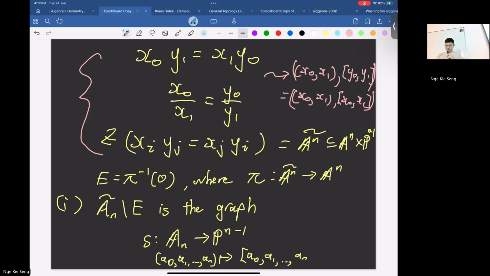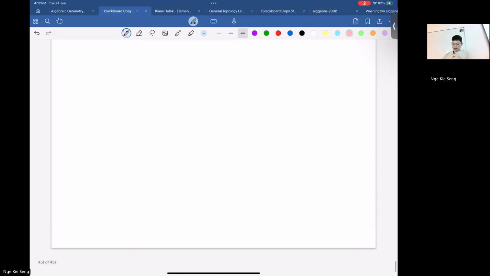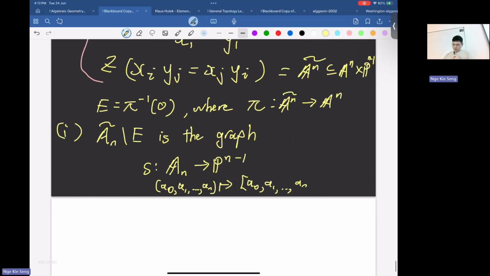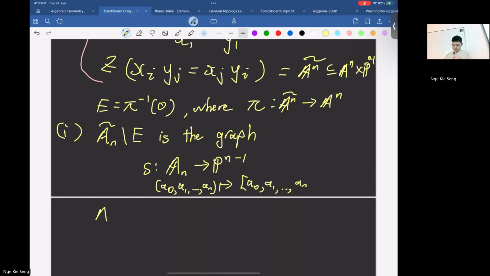So if you put your E back, then this is the closure of the graph. Maybe I write it like this.